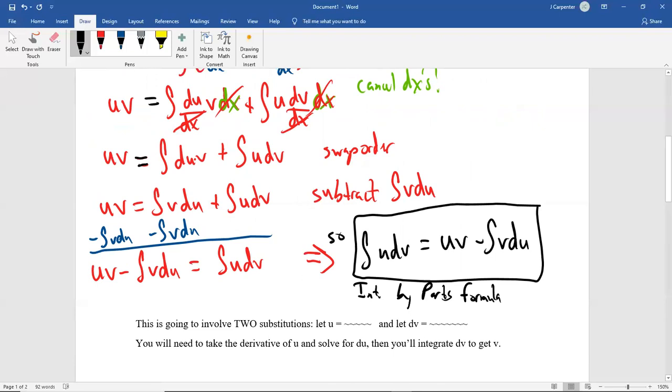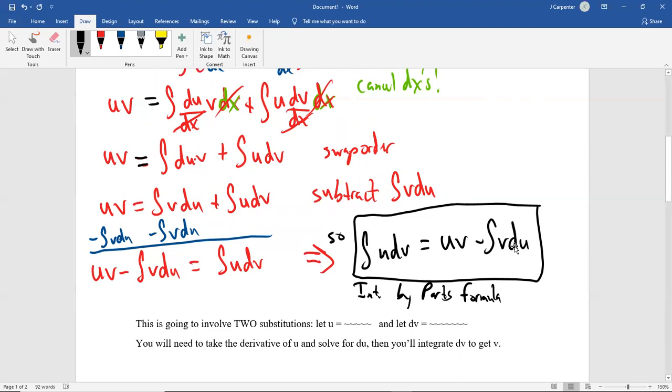So what in the world is this formula, the integral of u dv? But Mr. Beckner, you said these variables had to match. That's kind of the point. Your original problem is all going to be an x, but you're going to do two different substitutions. One of them is going to be a u, and one of them is going to be a dv, not a v, a dv. And then for the u, you're going to take its derivative, and instead of solving it for dx, you'll solve it for du, because the du is part of the formula.